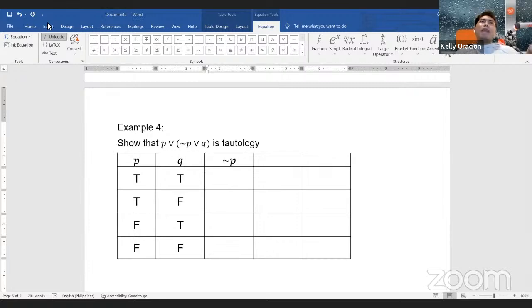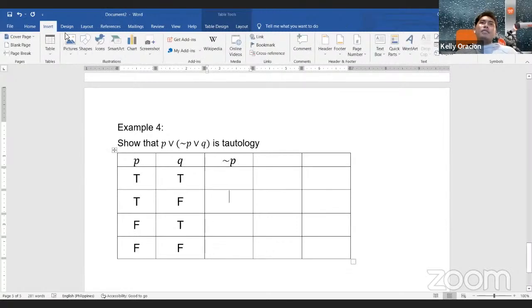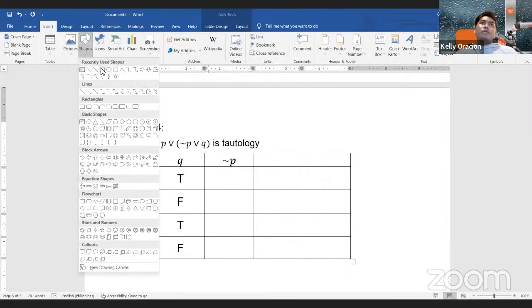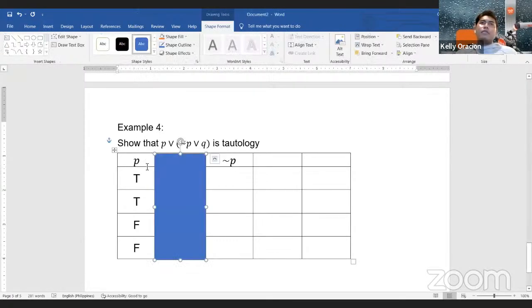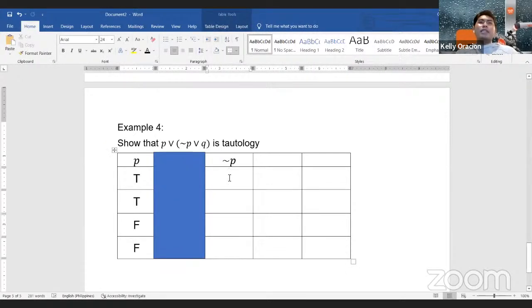Tabonan natin ng Q. Now, let's complete. This is now the answer. False, false, true, true. That's the negation of P already.